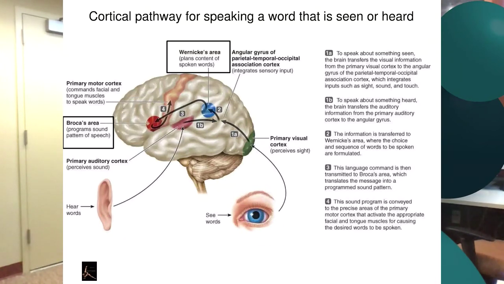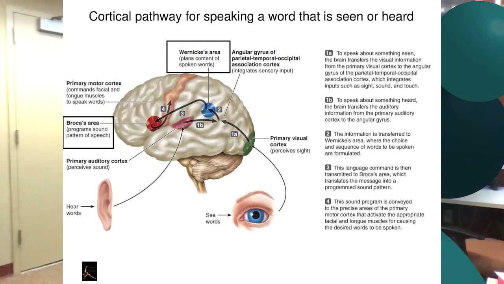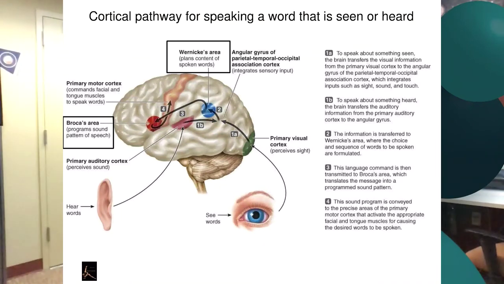So Wernicke's area is more about comprehending what you saw or heard, and we also put in touch, for people who might use Braille. Braille can also be translated into spoken language. So we bring that in, determine what we saw and how we want to respond to it.